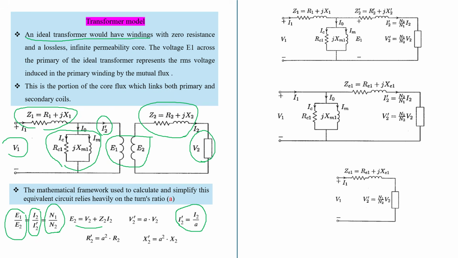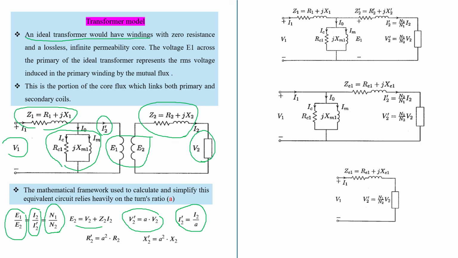Applying this, if we divide A V2 by I2 over A, we will get A squared times Z2.